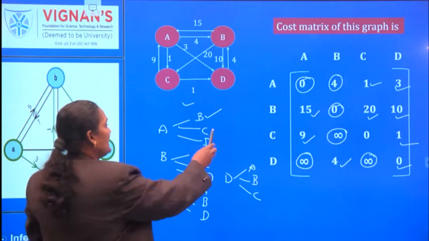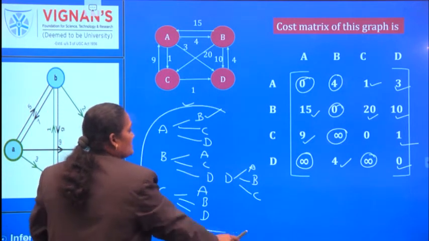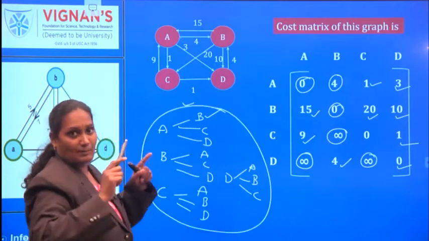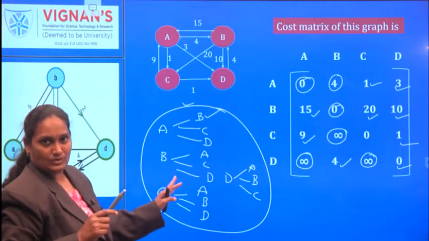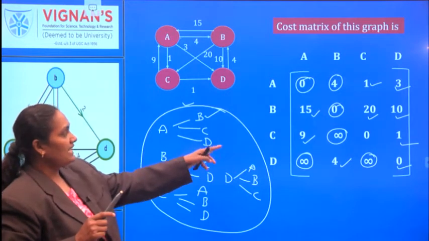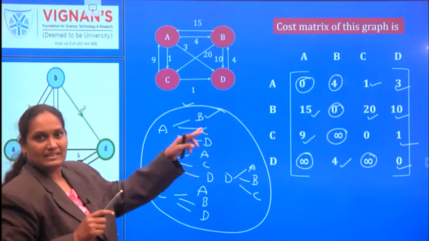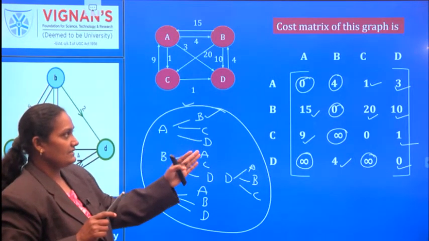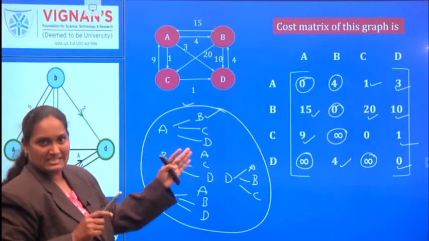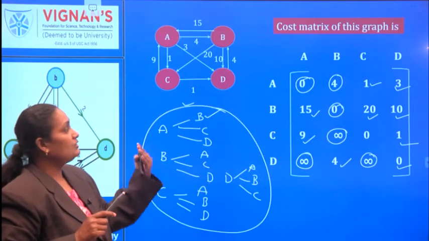Now we need to find the shortest paths for all of these, and we need to update that cost matrix with the shortest paths. This cost matrix contains the original values where the edge is present, but we need to find the path.